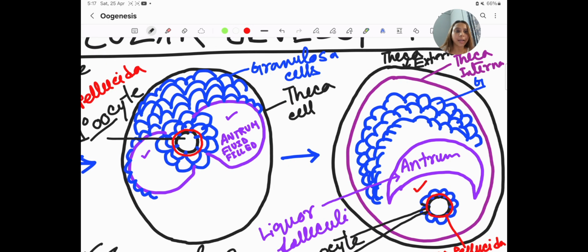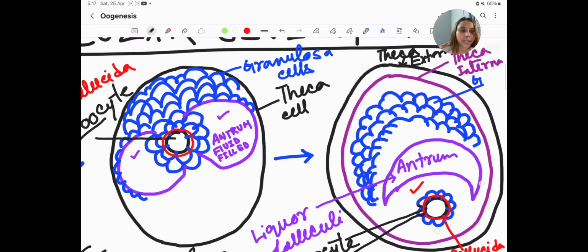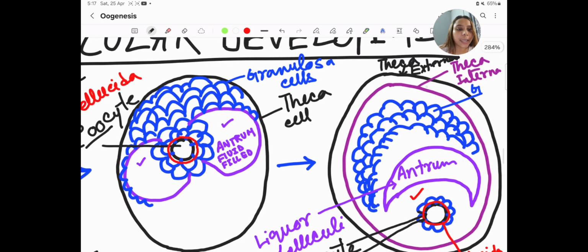Any activity that occurs within our cell is all hormone dependent. A very special hormone that helps in follicular development and is secreted from the anterior pituitary is FSH, follicle stimulating hormone. And the theca interna has the LH receptors, that means the luteinizing hormone receptors.